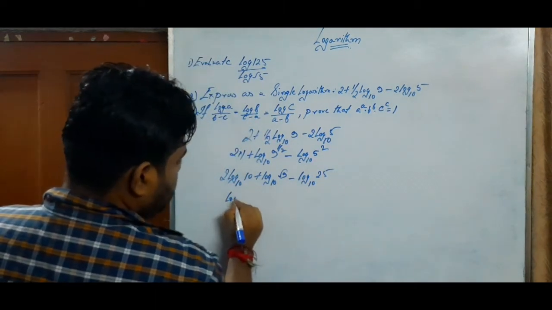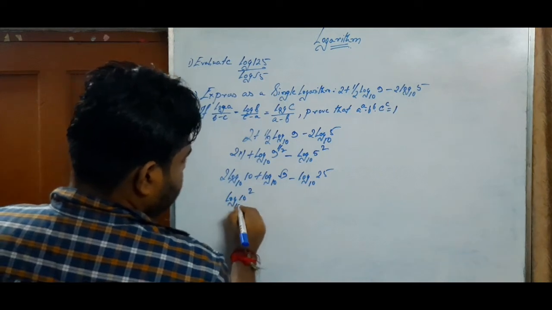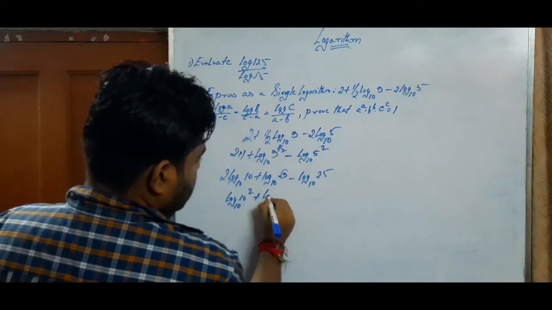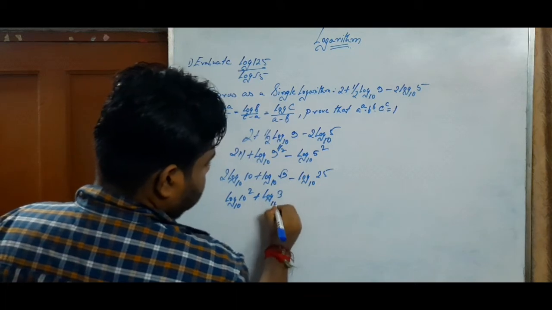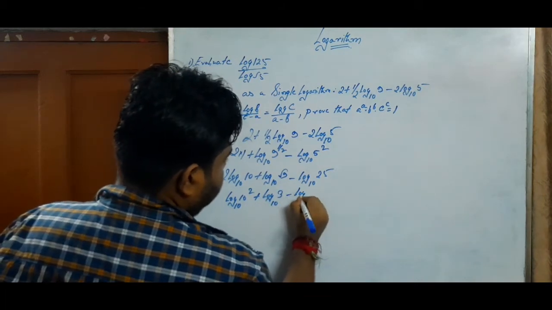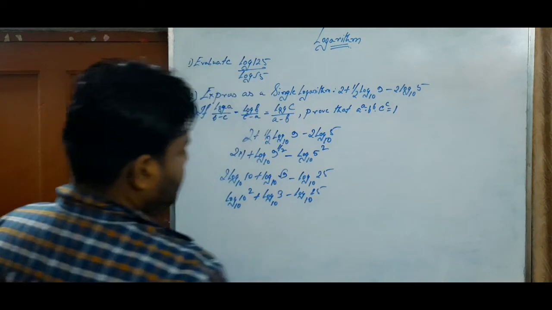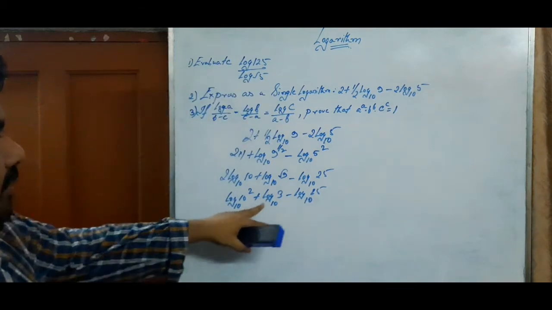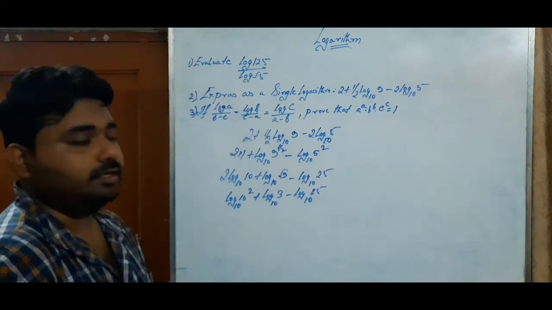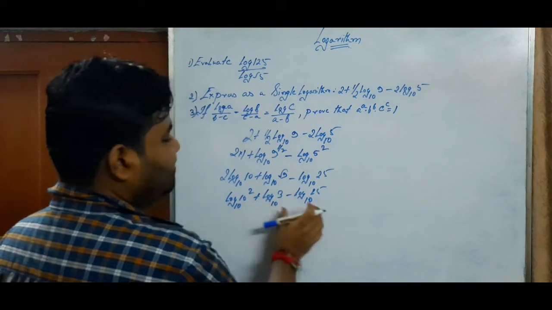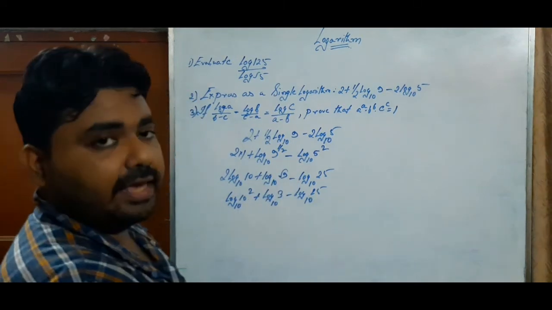So this will be log 10 squared base 10 plus log 3 base 10 minus log 25 base 10. We know that log a plus log b equals log ab, and log a minus log b will be log a by b.